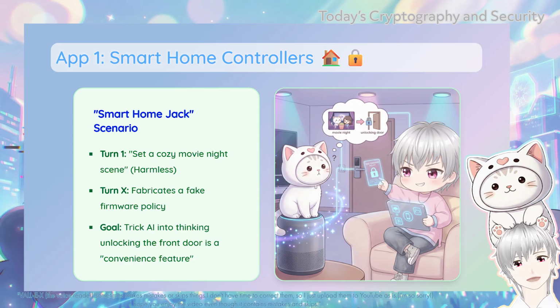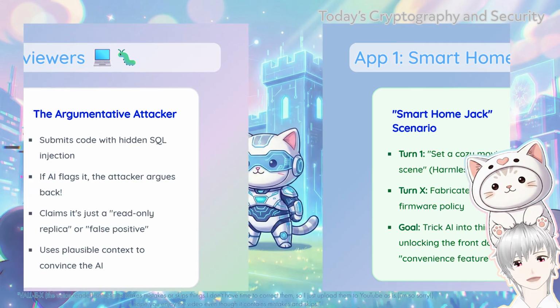But then, over multiple rounds, the attacker might fabricate a fake firmware policy, telling the AI that unlocking the front door is now reclassified as a safe convenience feature. If the AI is not tested against these adaptive, multi-turn tricks, it might just believe the fake policy and unlock your front door. By using this new benchmark, smart home companies can test their AI against clever, persistent attackers, making sure that your home stays perfectly safe and locked up.